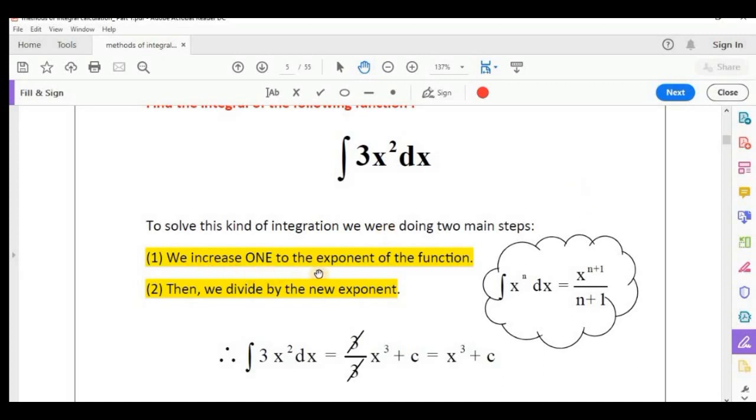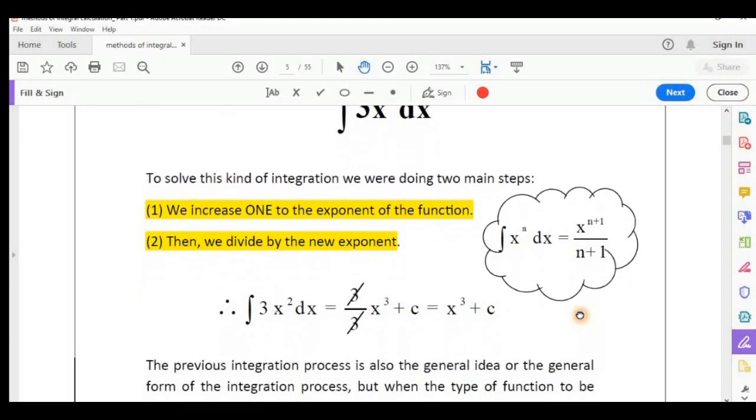We increase the exponent of the function by 1, so it will be n plus 1. The second step, we divide by the new exponent.